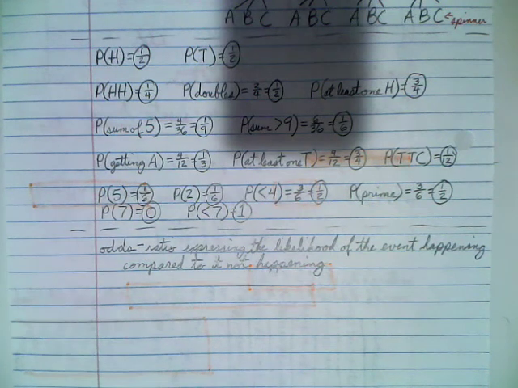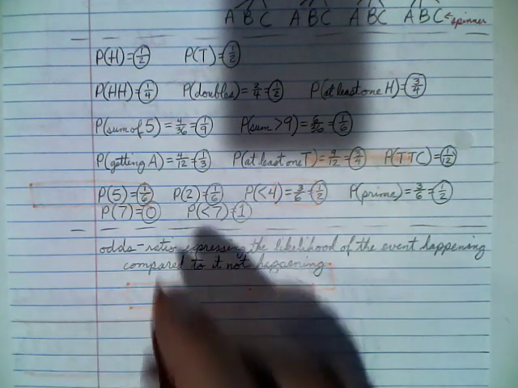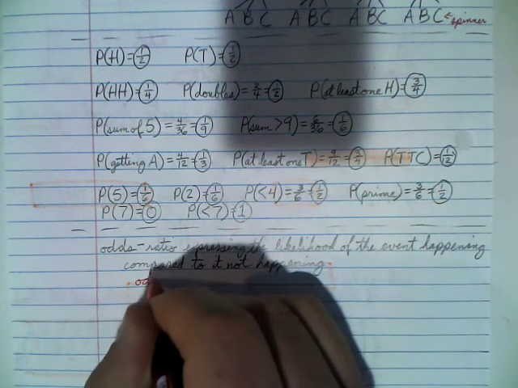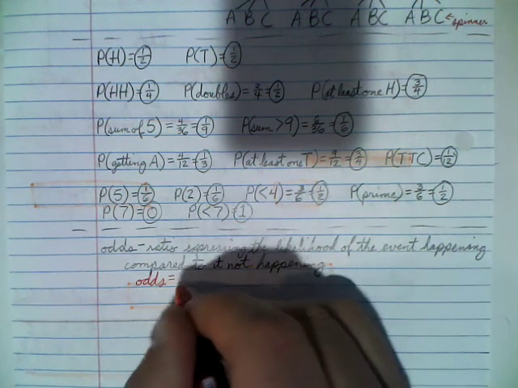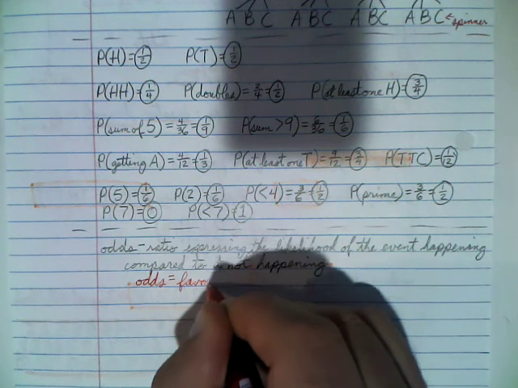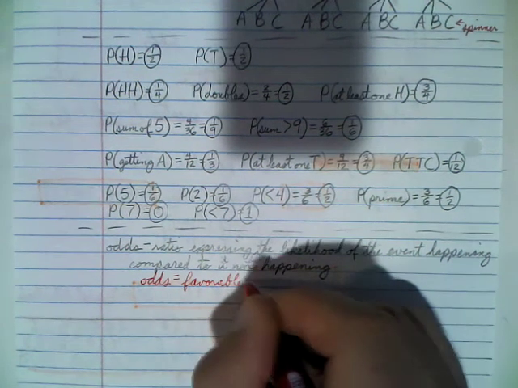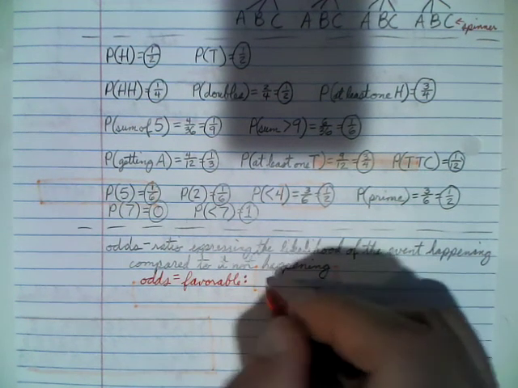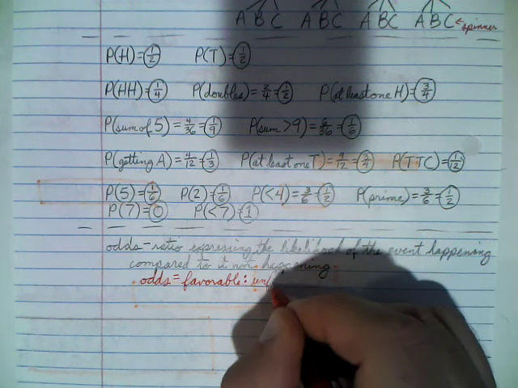So whereas probability is a ratio of favorable to possible, we can think of odds instead as the ratio of favorable to unfavorable.